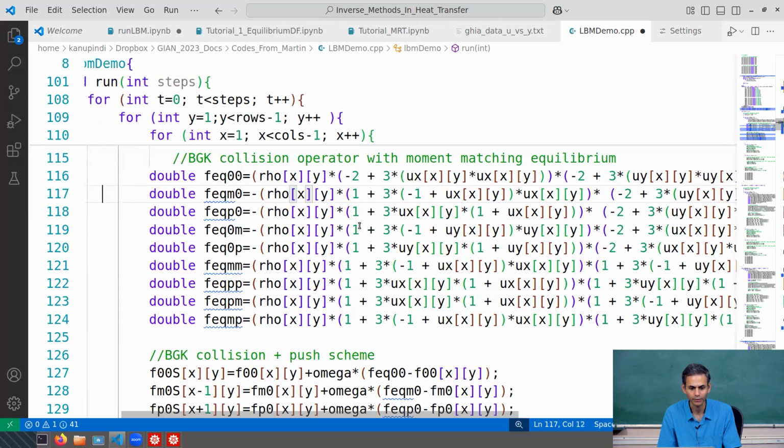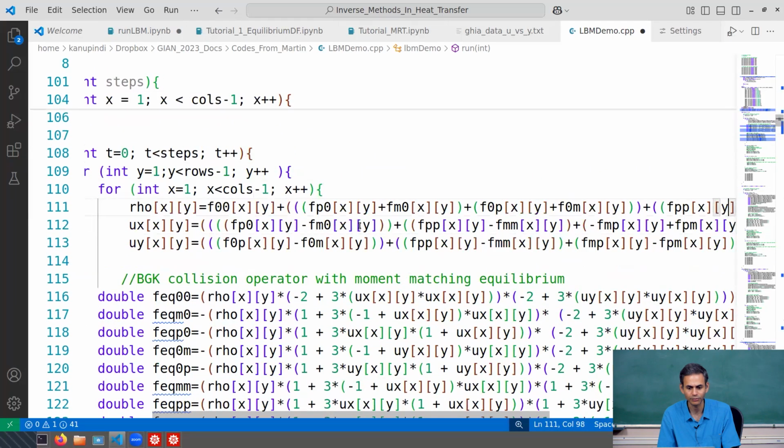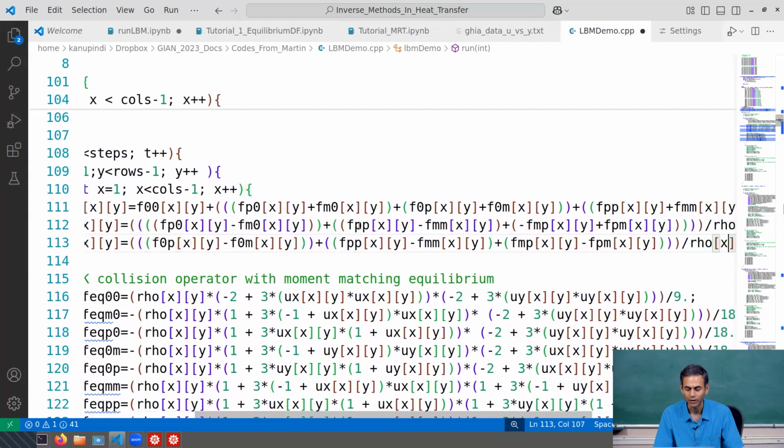For example, here, before I came to F equilibrium, I have calculated what is rho, what is ux, what is uy. Rho is nothing but the sum of all the distribution functions. Ux is nothing but whatever distribution functions survive, depending on +1, -1 and 1, 0 for A and B. And then uy is again all those 6 values that we have here, divided by rho.